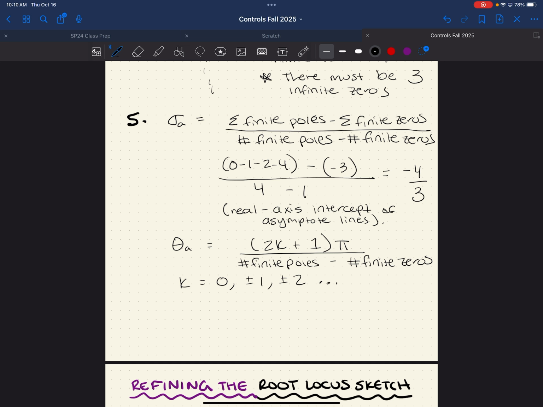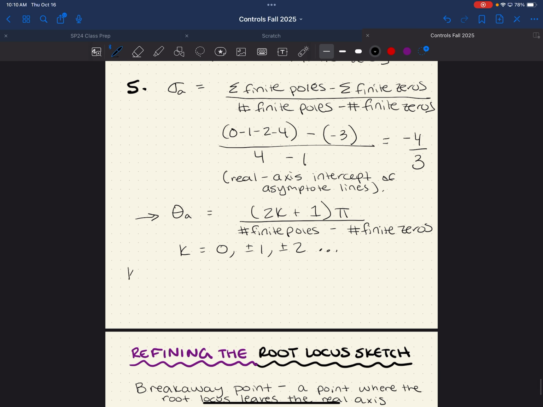In this problem, there are 3 branches that go out into infinity, so there must be 3 asymptotes. So to find the angles, we plug in k equals 0, k equals 1, and k equals 2.